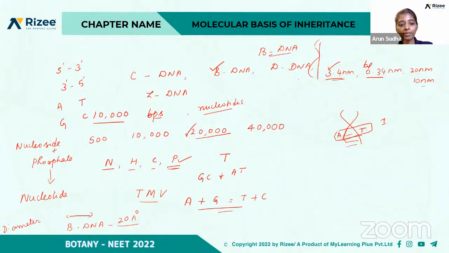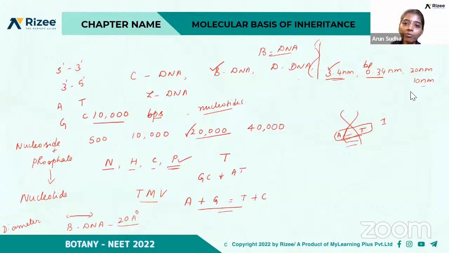I hope you are clear with the structure of DNA. So any type of question you must be able to answer. The only problem-oriented question here is that they may give the content of A, C, G, or T, and ask you to find the percentage of the other nitrogenous bases present.